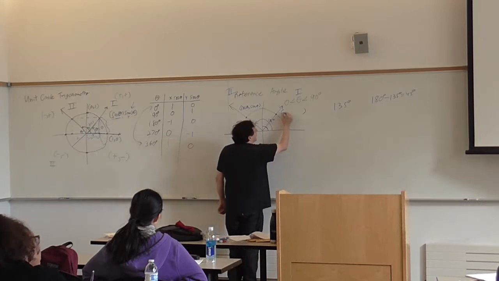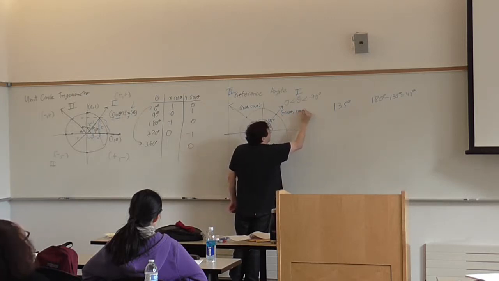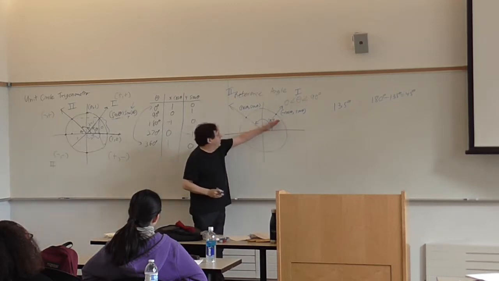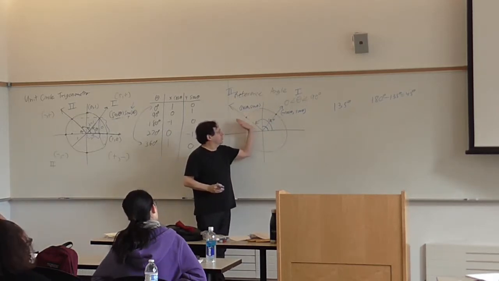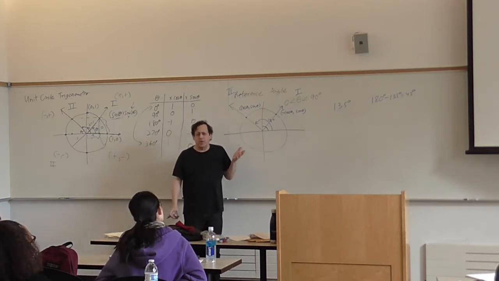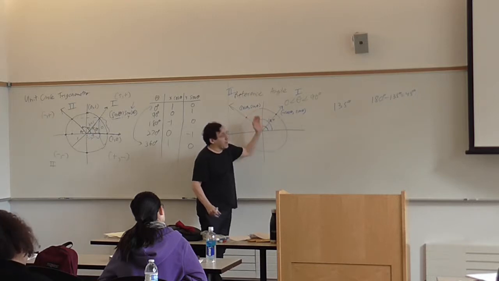In particular, it's the opposite of the cosine and the same for the sine. So if I have an angle out here in the second quadrant, and I want to know its sine and cosine, I don't actually need to know the sines and cosines out here if I know all the sines and cosines from 0 to 90.